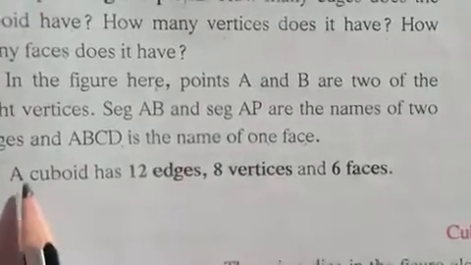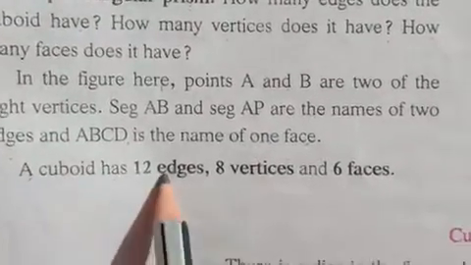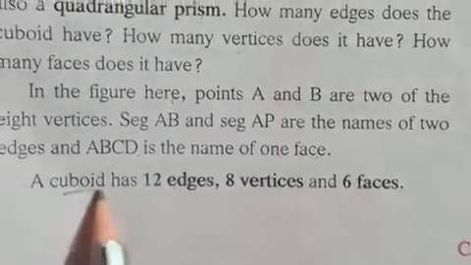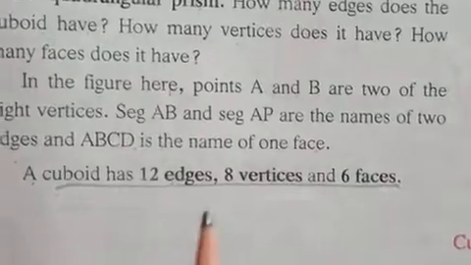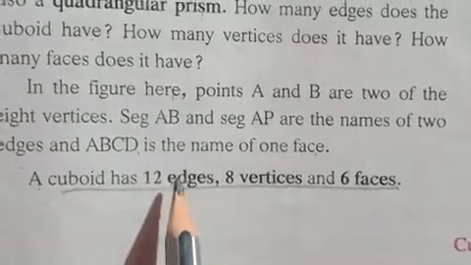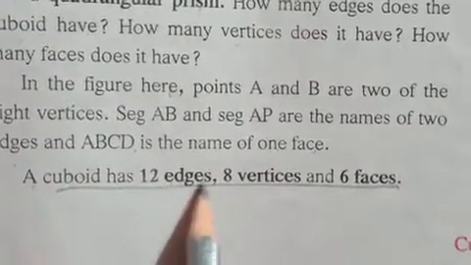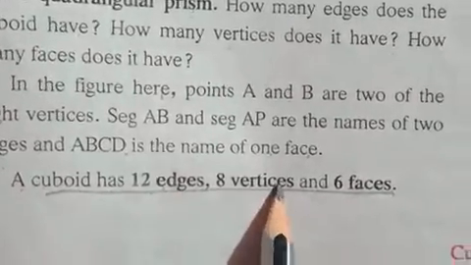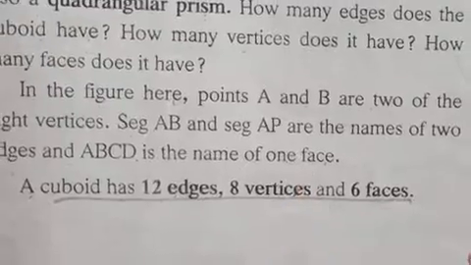A cuboid has 12 edges, 8 vertices and 6 faces. Now students, this statement is very important. You will underline and keep this statement. Okay, you all should understand. Keep this statement in mind, how many edges, how many vertices and how many faces a cuboid has. Clear?